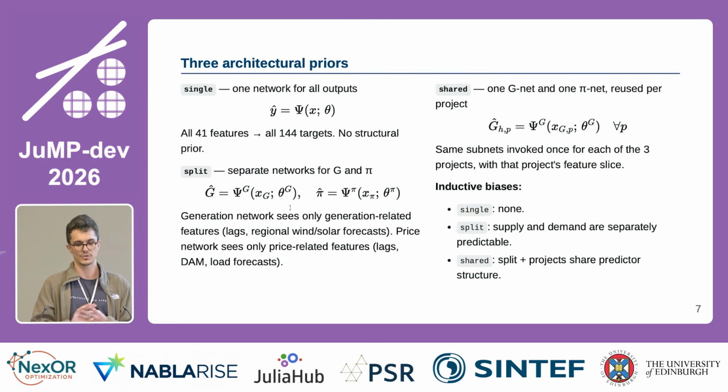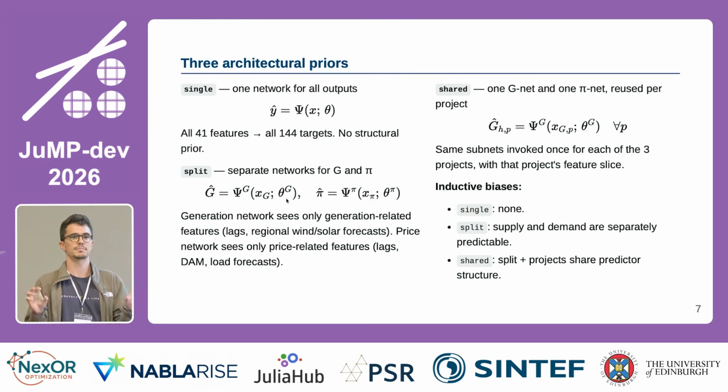And here we bring three architectural priors, is what I called them. The single would be the vanilla one, a big MLP that is given all the features and forecasts all the 24 hours for all the three projects, both generation and prices. The split adds additional information.